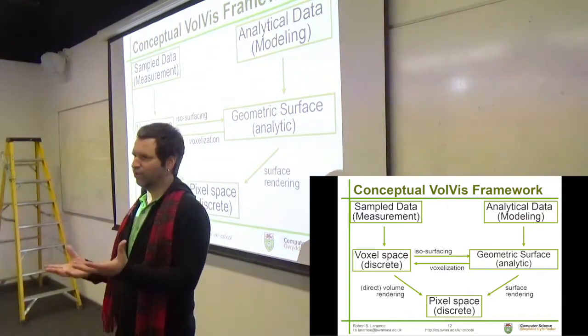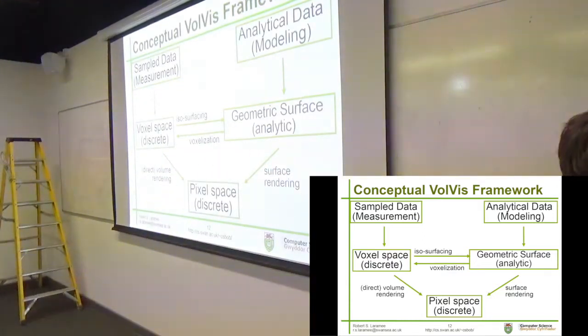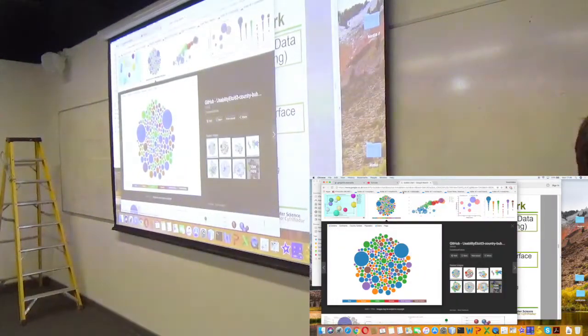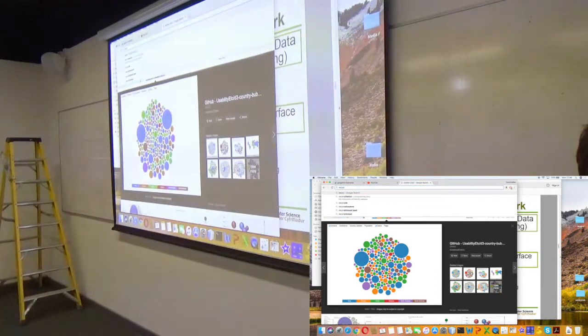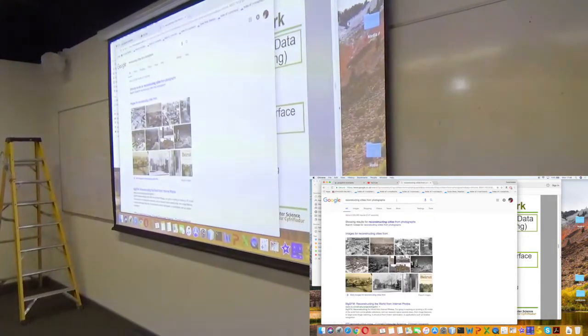You can Google that, and maybe we should Google that right now, because that's such an interesting question. Reconstructing cities from photographs. Has anybody ever looked into that? I guess I spelled it wrong.